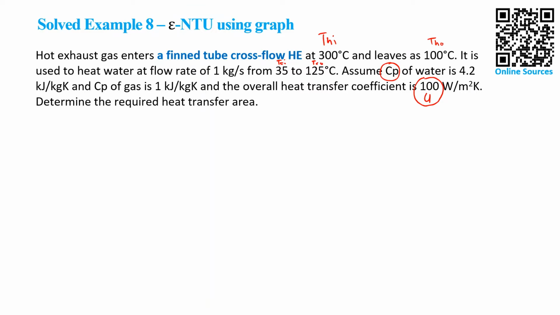So in this case, you need to use an appropriate physical property table of liquids to find out the typical Cp of water at the given range of temperature, the Cp of gases at the given range of temperature, and what is the range of U for that kind of configuration.